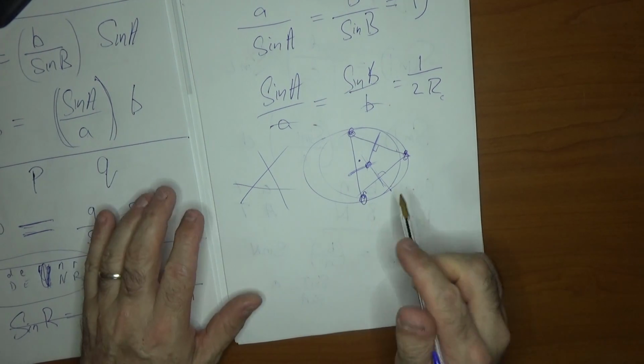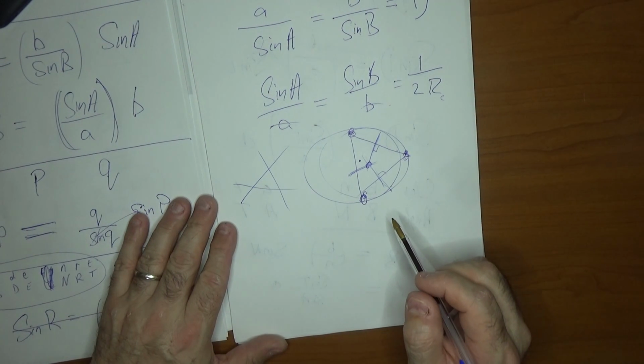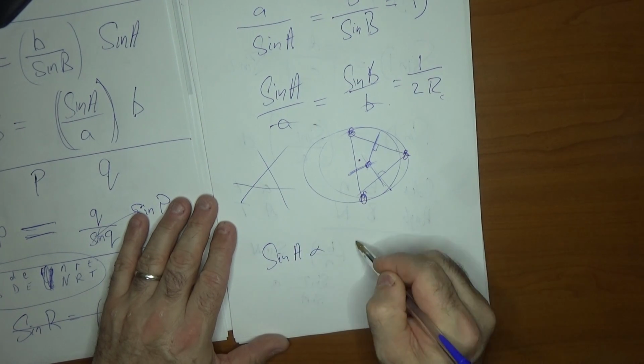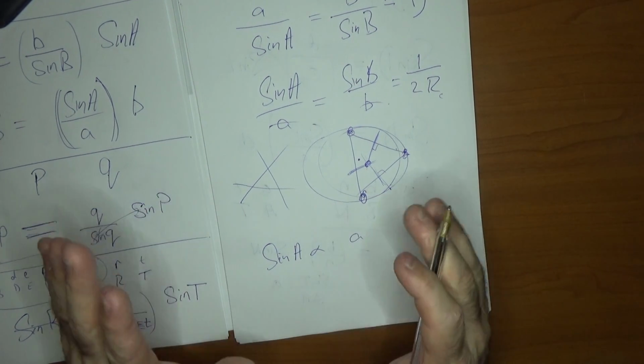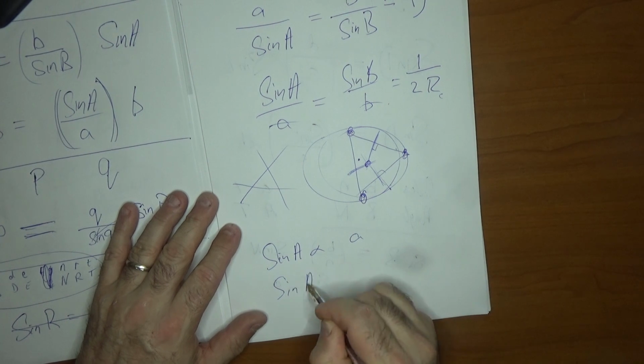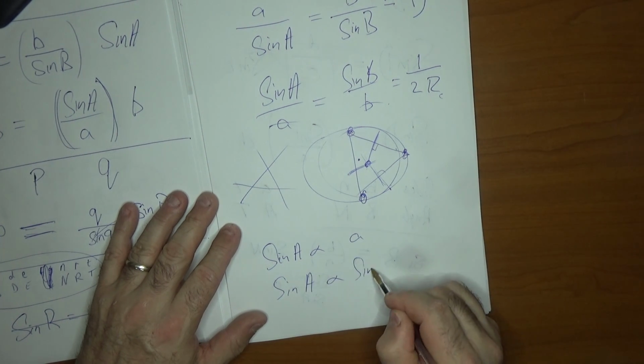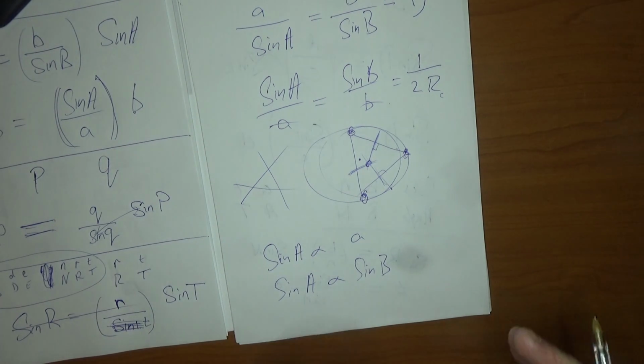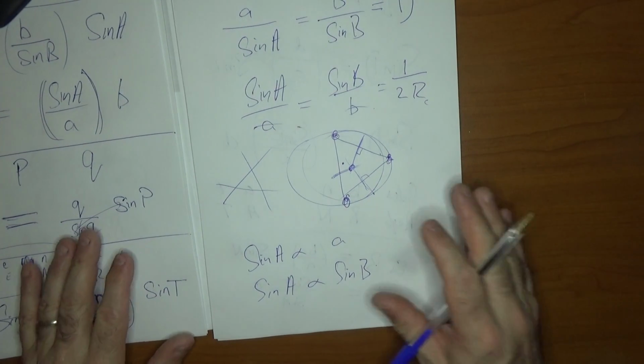And then, back to the thing I want to tell you: if I ask you what's the sine of A proportional to, you'll tell me a as a valid answer. Someone else would say, hang on a second, it's proportional to sine of B. That's true, because what we have is a multi-proportional problem here.